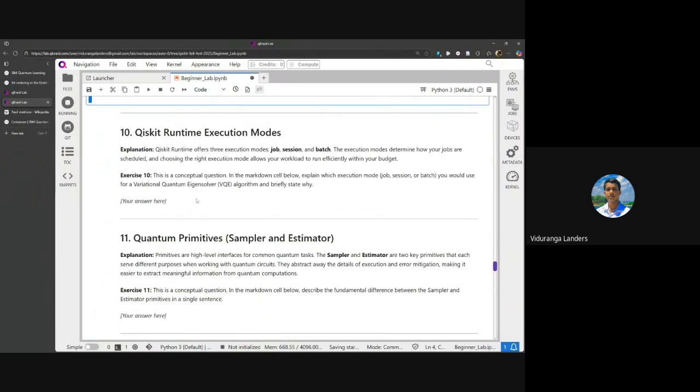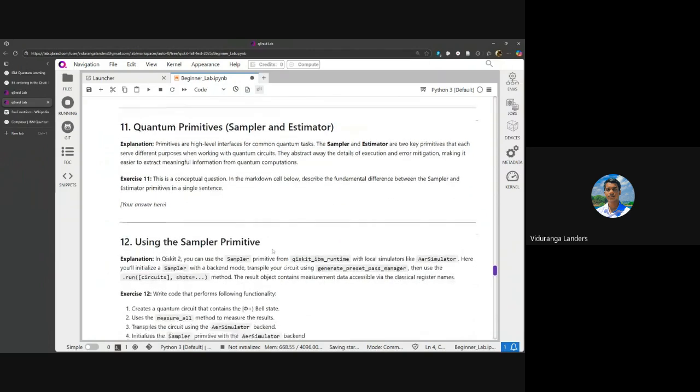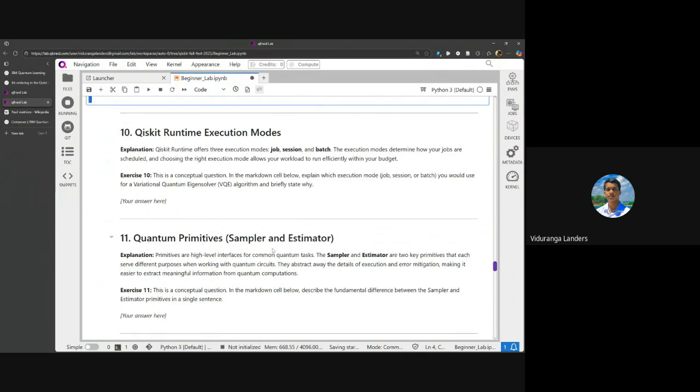So now we are moving on to Qiskit runtime execution modes, the sampler and estimator primitives. I think these are anyway conceptual questions. That means these are stuff that you can refer to the documentation and learn. And also I'm pretty sure that these were covered in the Qiskit session as well.